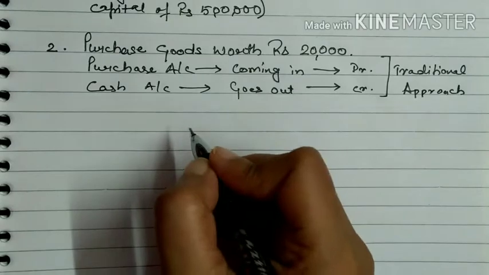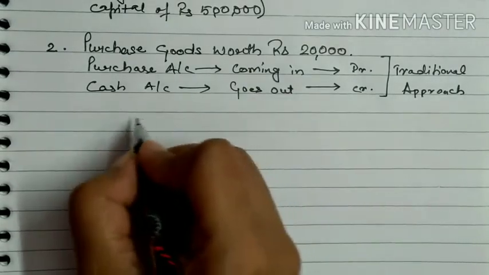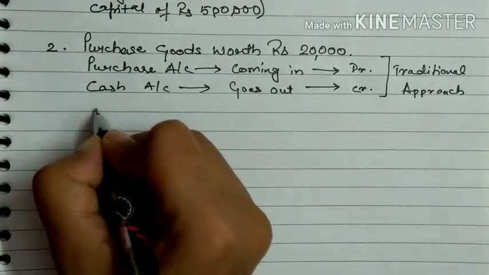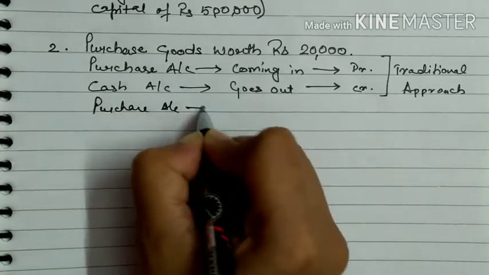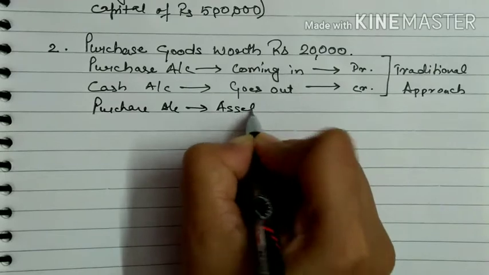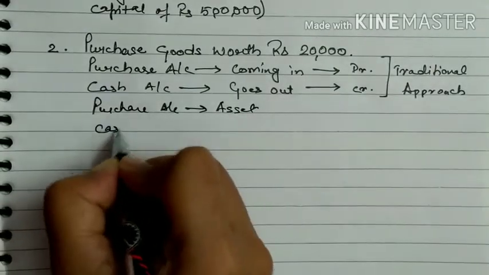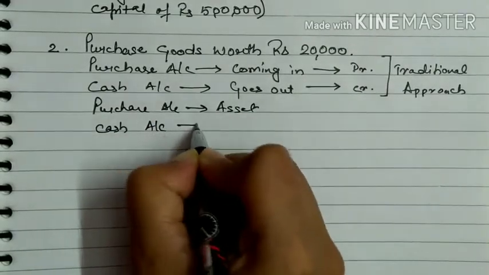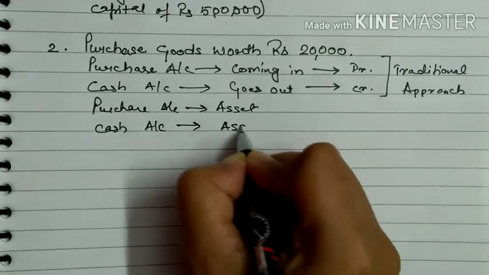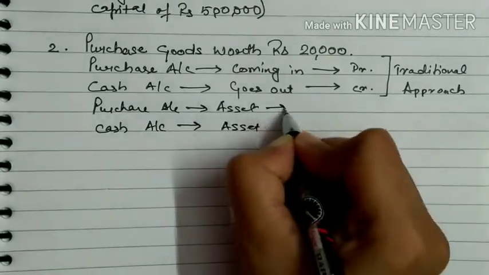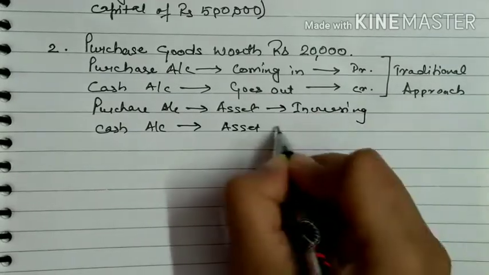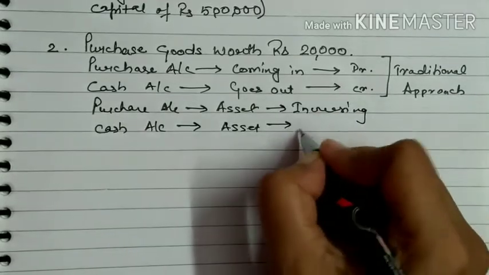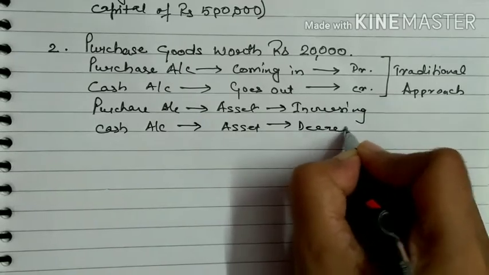If we consider the modern approach, then purchase account is your asset because it is stock, and cash is also your asset. Purchase is increasing and cash, this asset, is decreasing since we have paid.